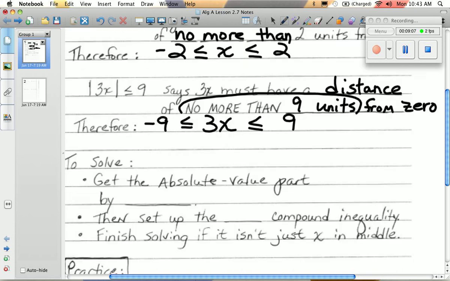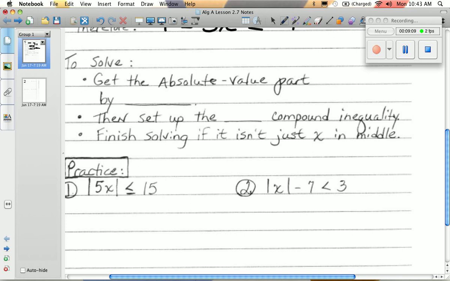So here are the steps we're going to do when we're solving an absolute value inequality. Get the absolute value part by itself. Do you remember us doing that with equations? If we were solving absolute value equations, before we even dealt with those absolute value bars, the absolute value part of the equation had to be by itself. Same thing here.